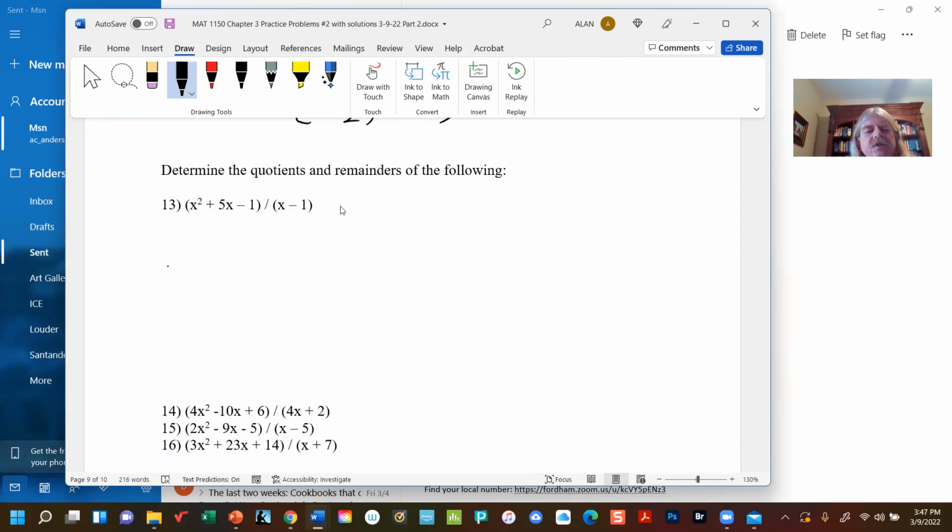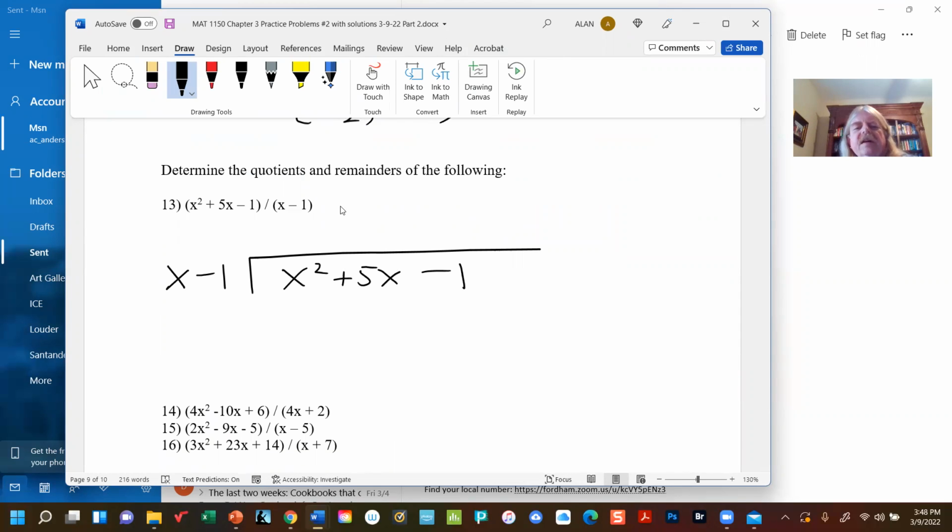So here's what you're actually doing. This is just like long division. All right, we're dividing x minus 1 into x squared plus 5x minus 1. So I'll have x, which when multiplied by x minus 1 gives me x squared minus x. Whatever that is, I'm subtracting the entire expression, which means this is now negative and this is now positive.